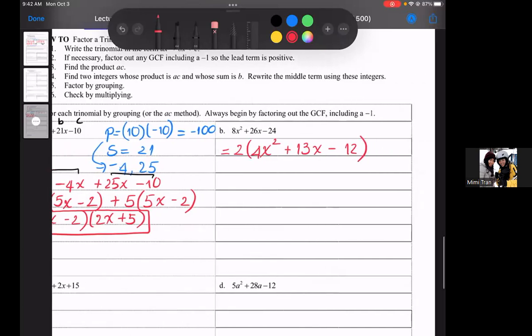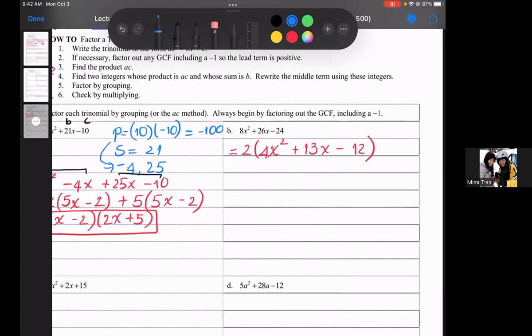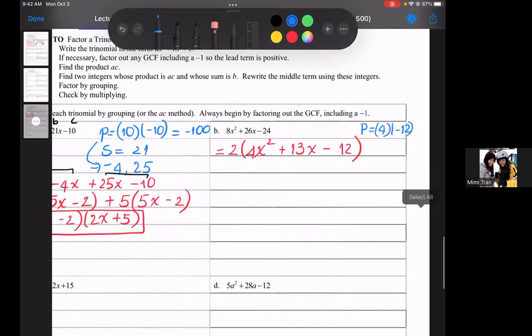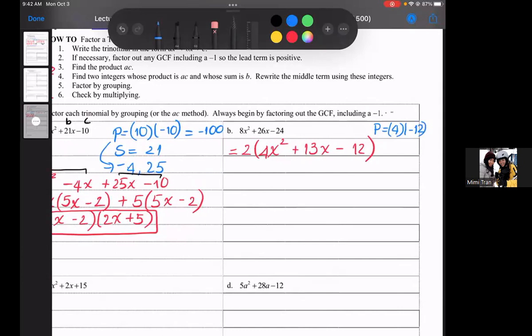So I want to find the product. Where do I write it? Sure, I'll write right here. The product is A times C. So A is 4, C is negative 12. 4 times negative 12. What does that equal? Negative 48.